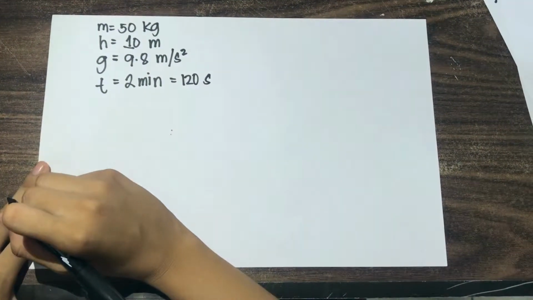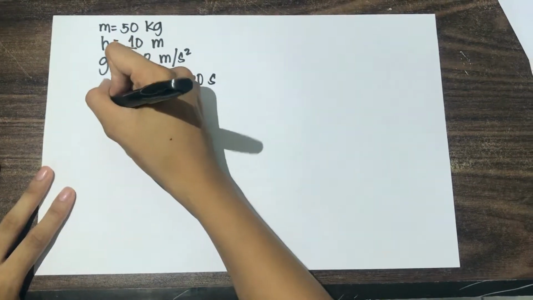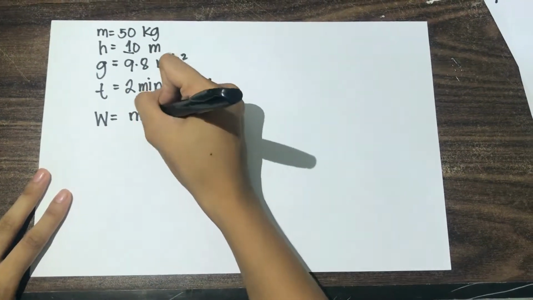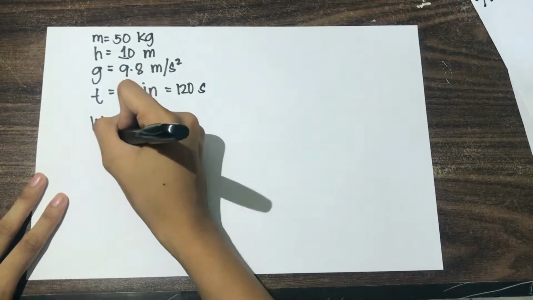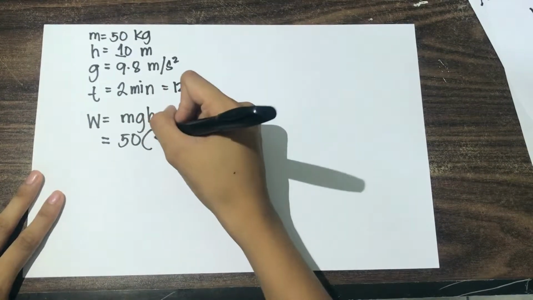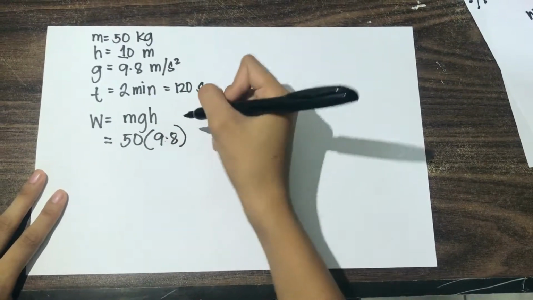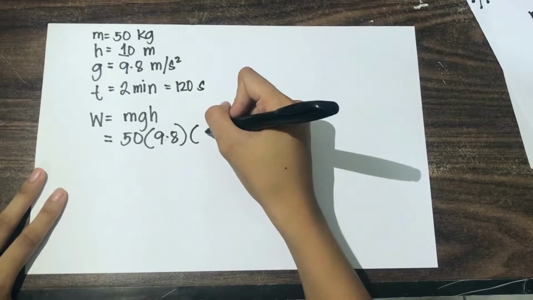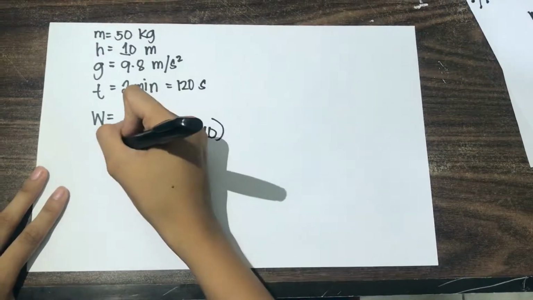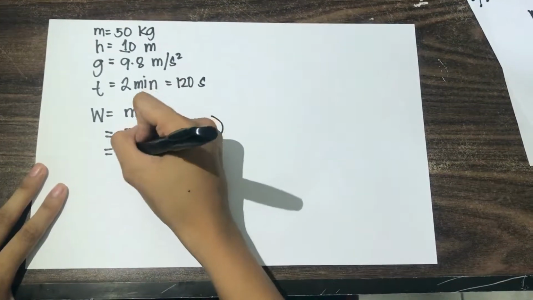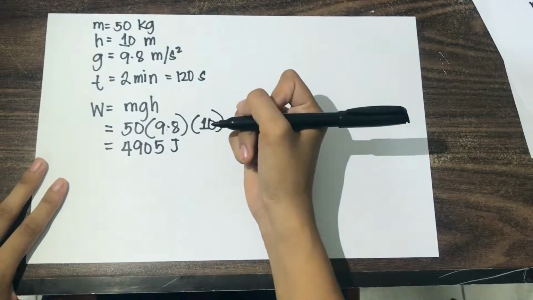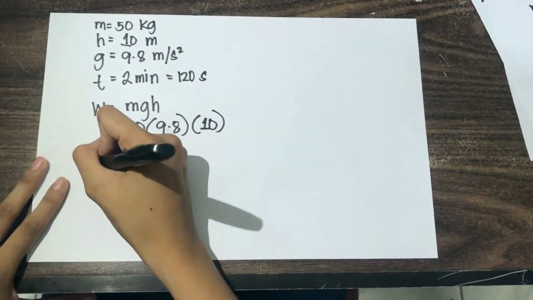We will first look for the work. Work is equal to mgh. Substitute the given. Work is equal to 50 kilograms times 9.8 times 10 meters. Work is equal to 4,905 joules. Now, we can solve for the power.